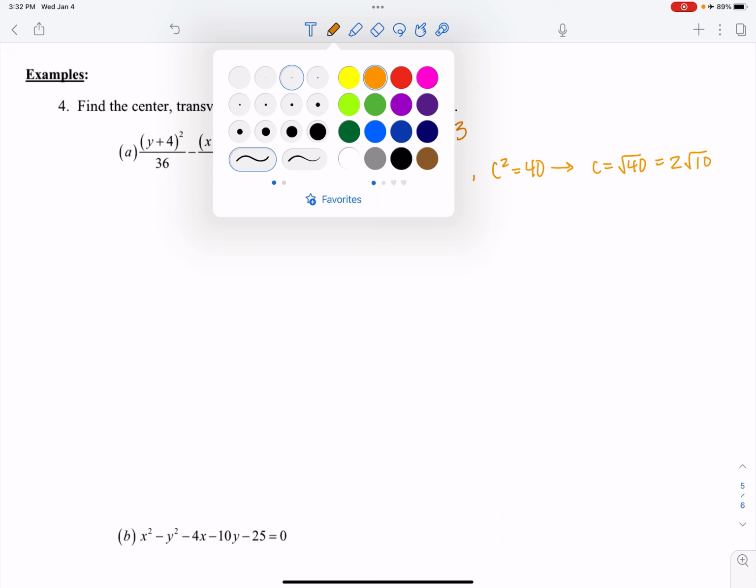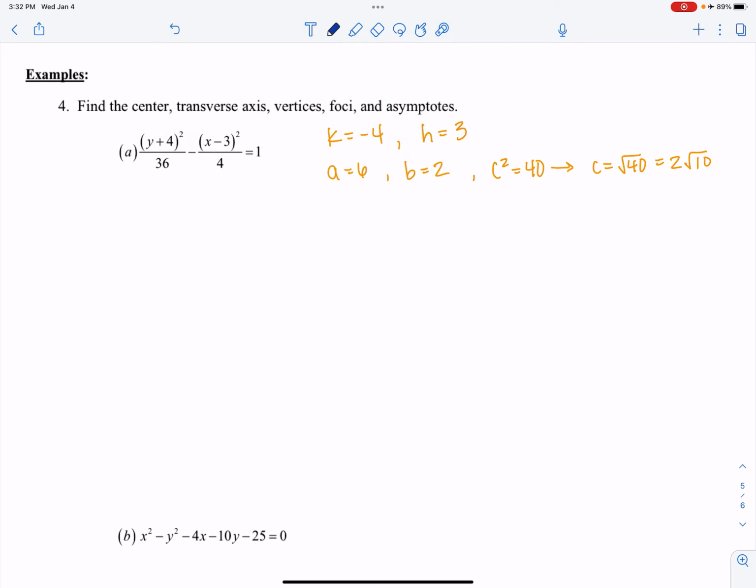So using these pieces of information, let's find the center, which is (h, k), (3, negative 4). Our transverse axis is the y-axis.